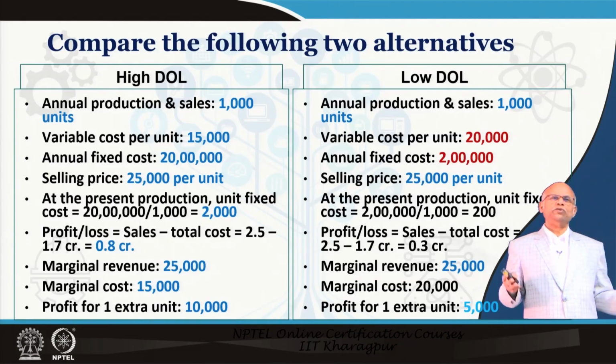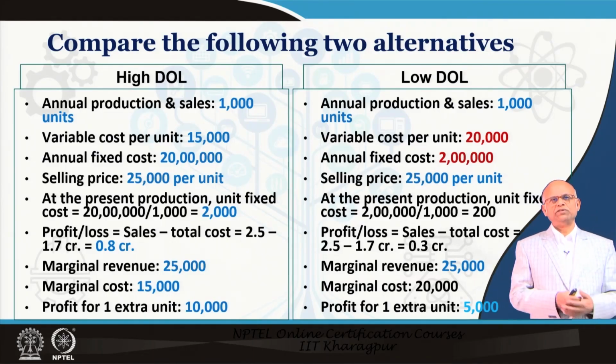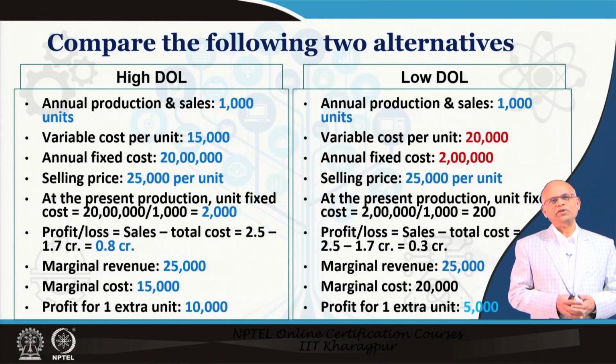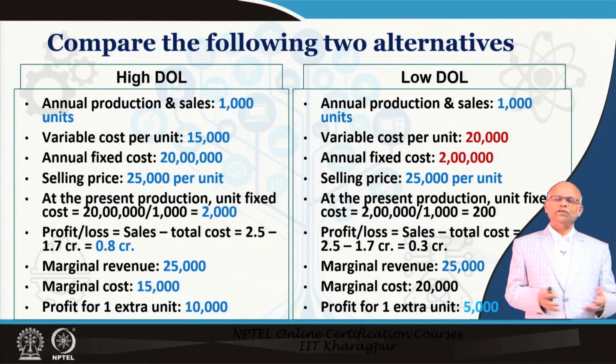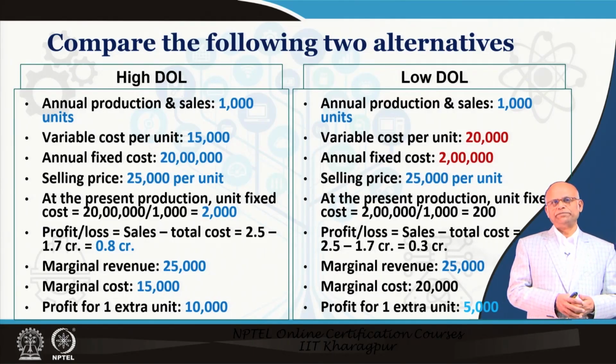Presume that you are going to sell 1000 units in both options, and selling price also has to remain the same, because the market is not interested to know whether you have made it in an automatic machine or a labor intensive machine. They are interested in the product. So, selling price is considered to be 25,000 here and 25,000 there as well.